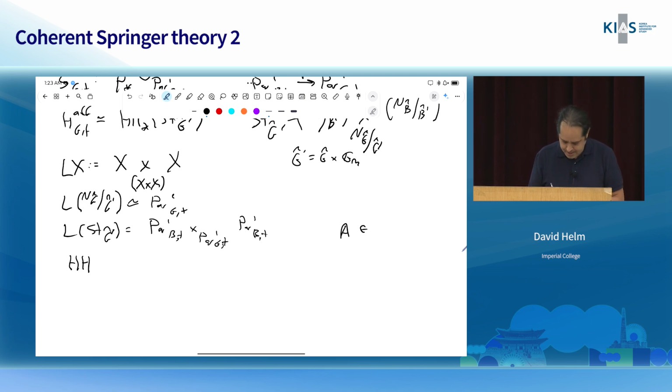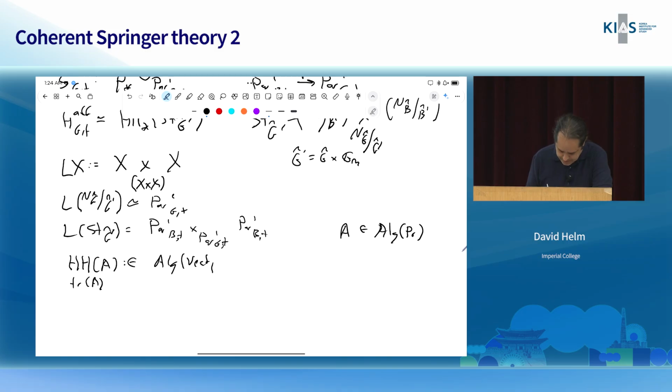If I have A, one of these monoids in presentable stable infinity categories, so all of these will be categories of coherent sheaves in our picture with some kind of convolution structure on them, then HH of A, which I guess we've also seen called lowercase trace of A, is given by this.